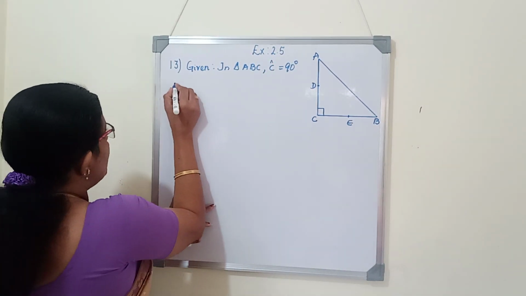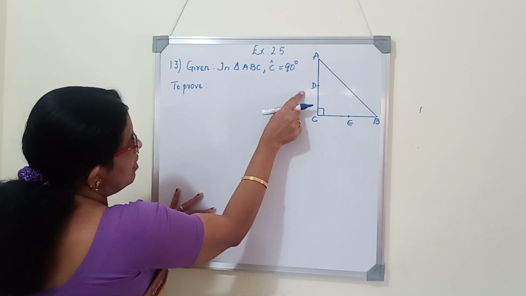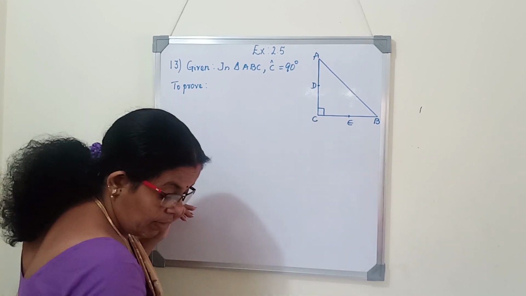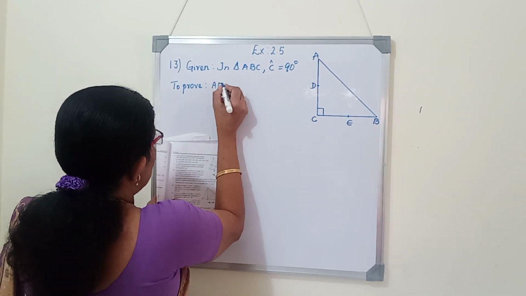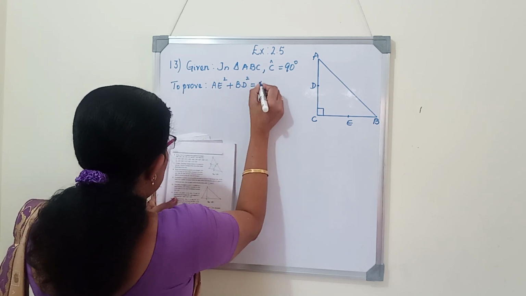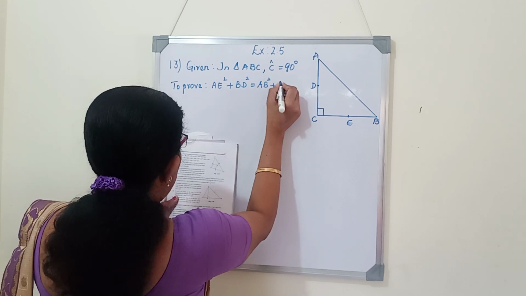We have to prove that AE square plus BD square equals AB square plus DE square.